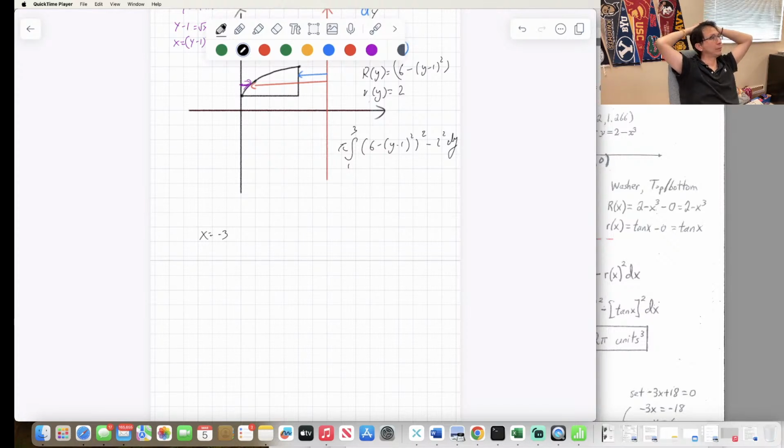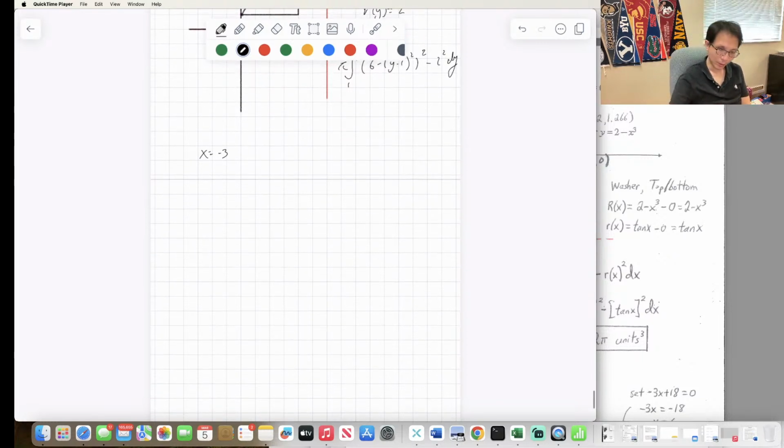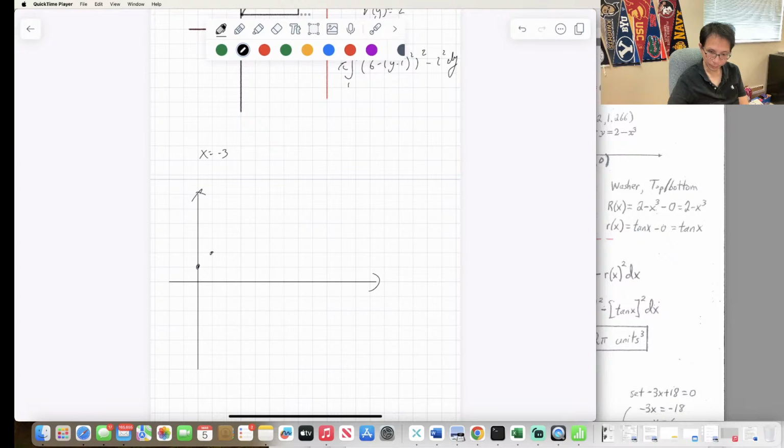This, you're doing 6 minus this to find this whole thing. So this from the y-axis to this. That's 6, the total between these 2 lines.